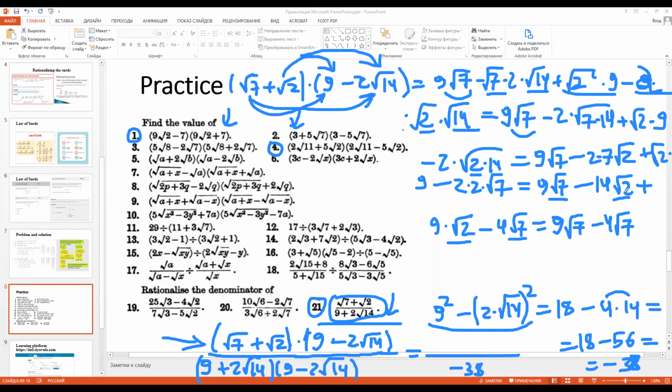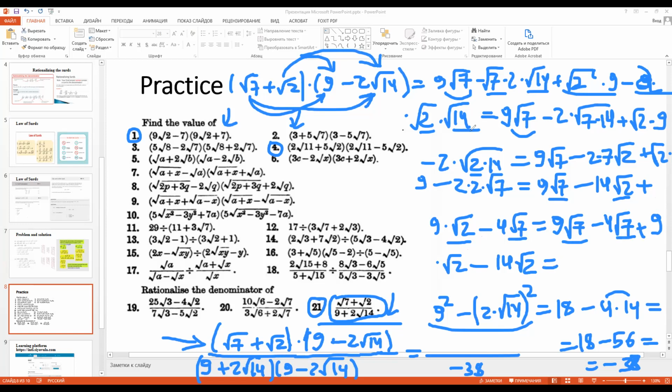This one also has the same, and that's why you can pair them. So 9 square root of 2 is the multiplication, and minus 14 square root of 2.